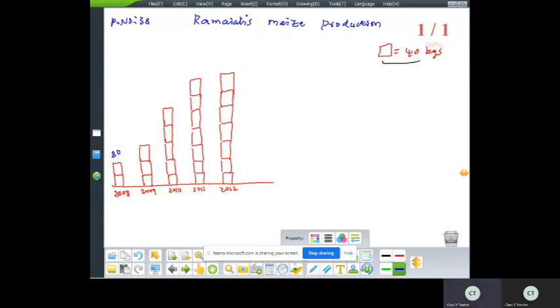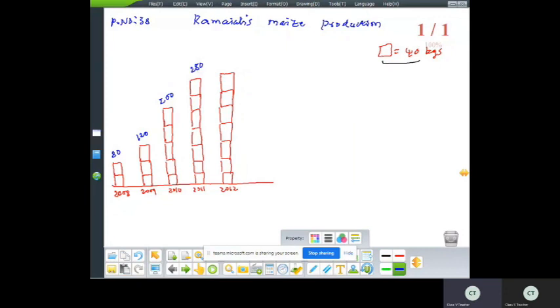In 2009, 3 boxes, each box is 40, 3 40s, 120 kgs. 2010, there are 5 boxes, 5 into 40, 200 kgs. In 2011, there are 7 boxes, 7 40s, 280 kgs of maize.